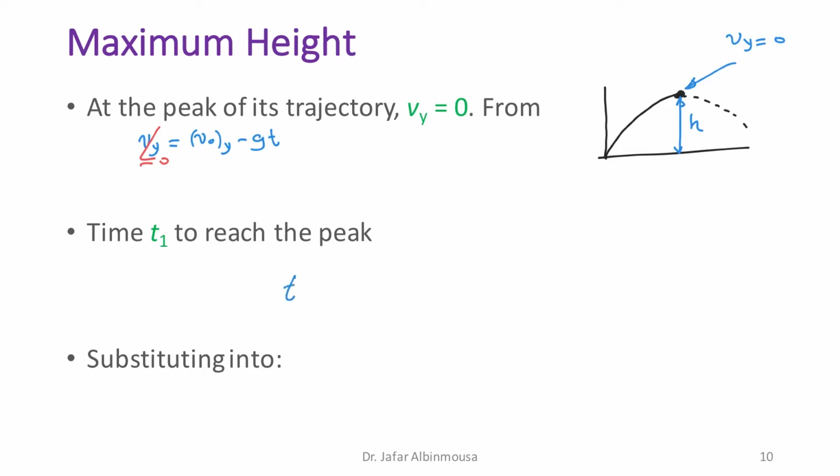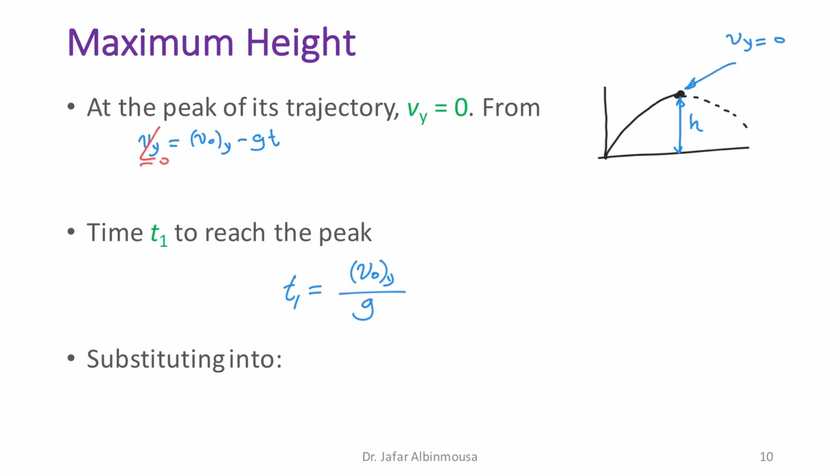This t1 is equal to v0y divided by g. We got it by equating this relation to 0. Now, if we want to find the expression for h, we need another equation.